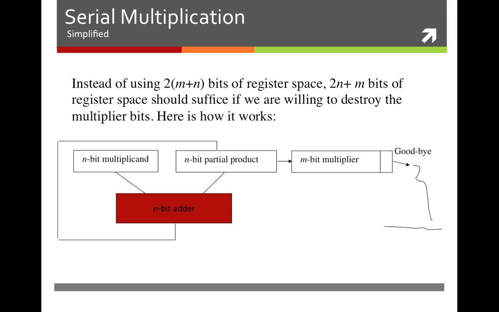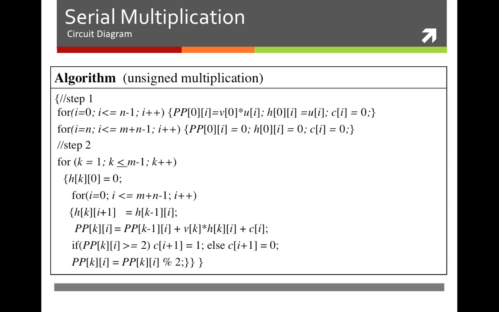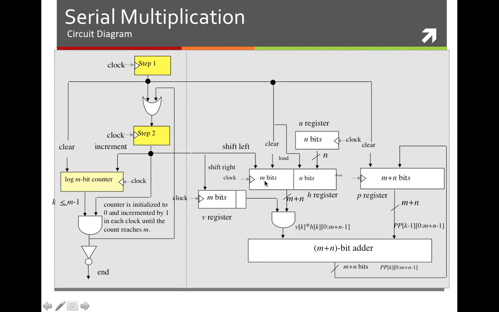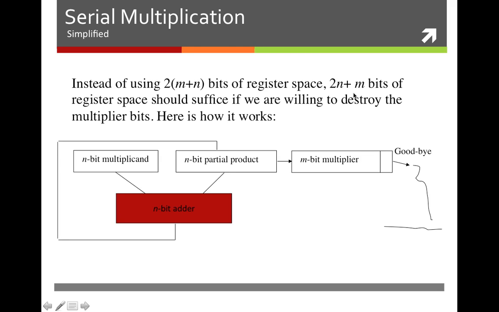n bits of register space, where that 2 times m plus n comes from the fact that we really have these registers here, as you can see, we can reduce it to 2n plus n bits of register space, by simply having an n-bit multiplicand, an n-bit partial product, and then using this n-bit multiplier register space to save the computed bits of the partial product.